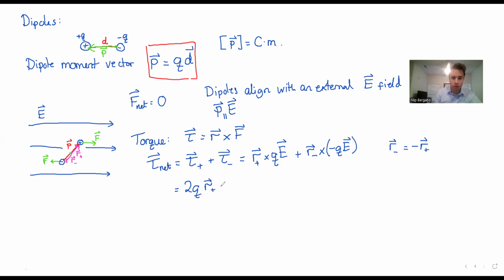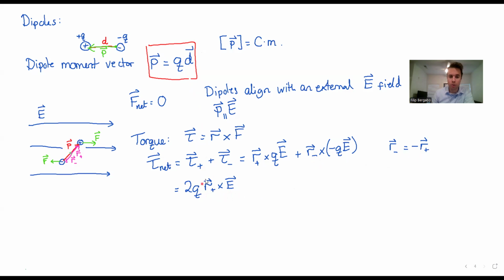I have r plus cross E. I hope that made sense. I just made this replacement using essentially the symmetry of the dipole. It has two oppositely charged ends, and for this one, the two minus signs just end up combining into a plus. So now we have this formula, but remember again, r plus is just 1/2 of this distance vector.